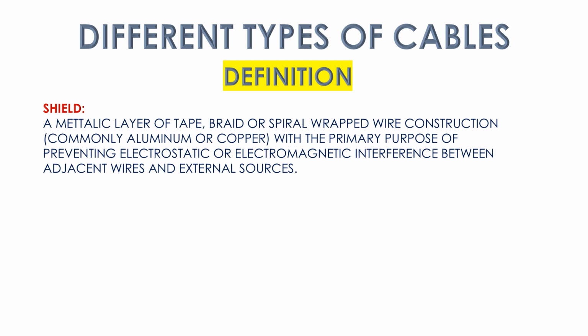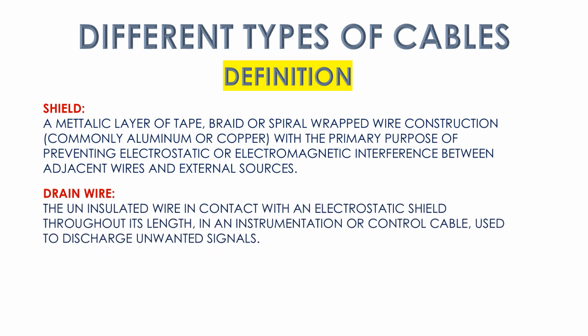Shield: a metallic layer of tape, braid, or spiral wrap wire construction, commonly aluminum or copper, with a primary purpose of preventing electrostatic or electromagnetic interference between adjacent wires and external sources.